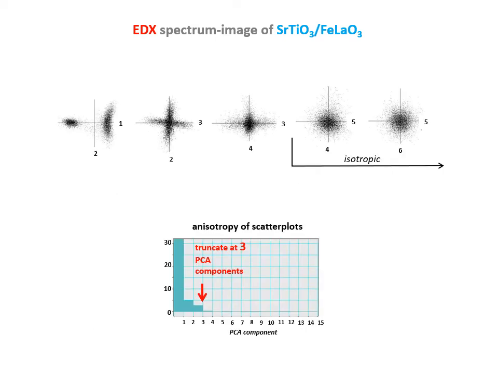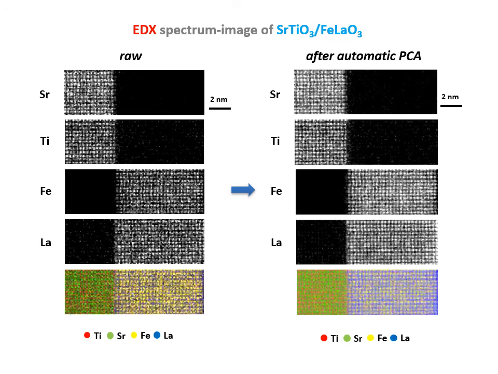But if we consider the anisotropy of scatterplots, it's quite clear that we must truncate at 3 components, and we can program an algorithm to do that. Finally, the automatic PCA significantly denoises the spectrum image, and you can appreciate that the corresponding elemental maps are improved noticeably.